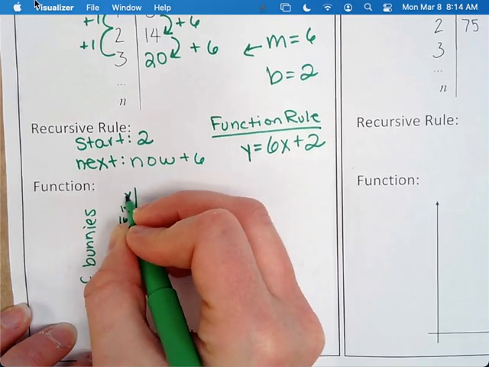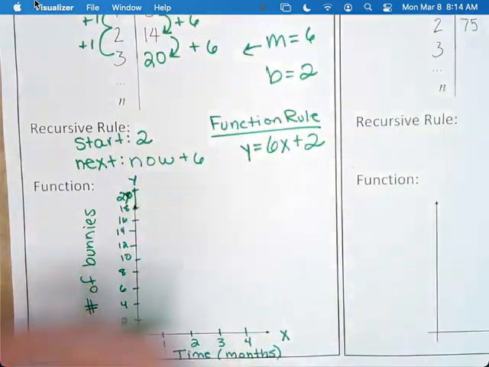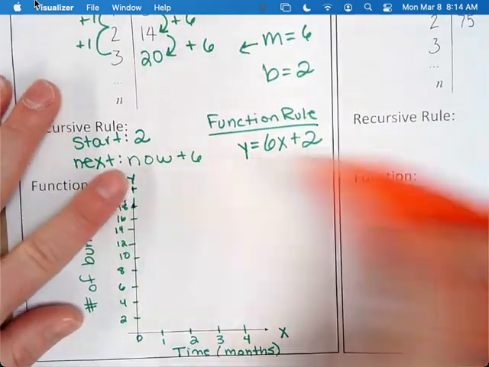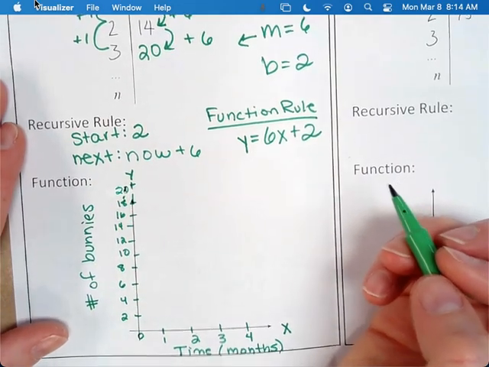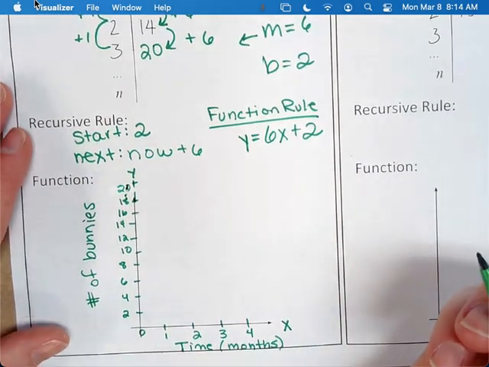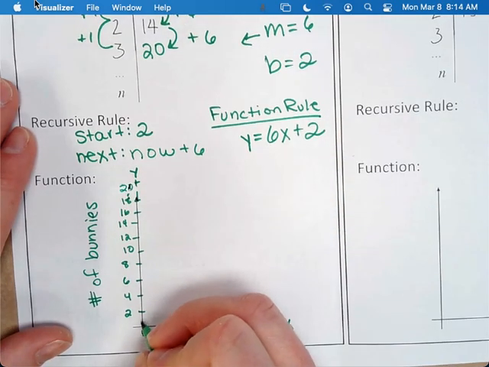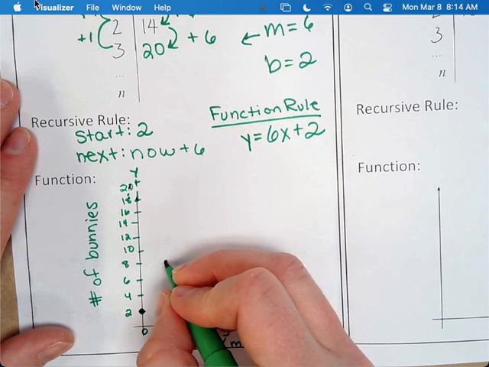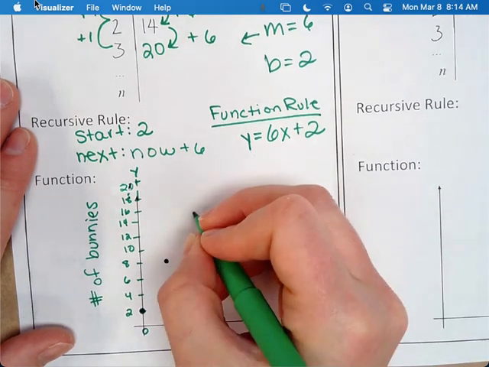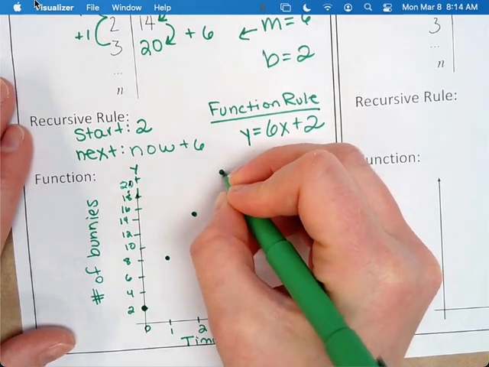Well, I could get 20 in here. Just do that. And so plot it. So 0, 2, 1, 8, 2, 14, 3, 20.